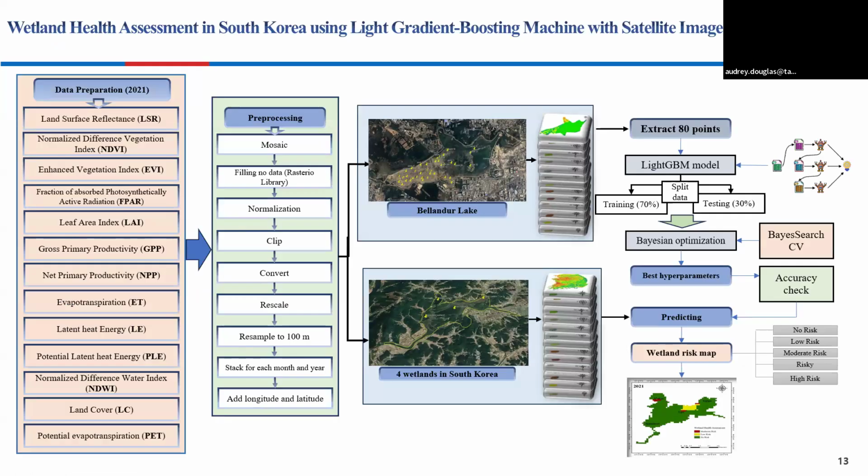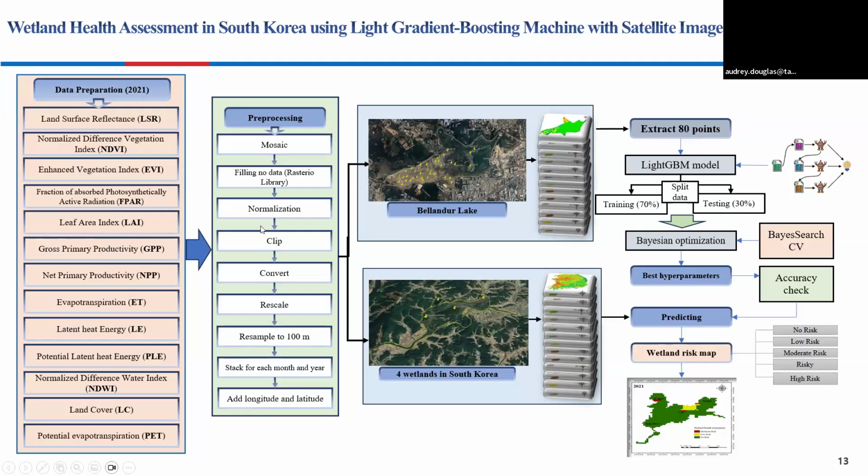Here is a very simple example of one of my projects I did in South Korea, where I used machine learning to assess wetland health, right? And as you can see here, first I prepared the data set I needed.